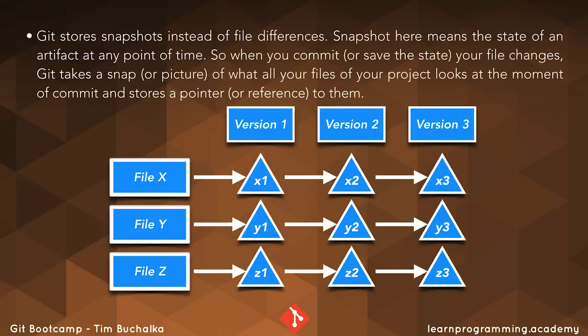Now, Git, on the other hand, stores snapshots instead of file differences. So a snapshot here means the state of an artifact at any point of time. So when you commit, which is a fancy word for saving the state of your file changes, then Git takes a snapshot, or picture, if you will, of what all the files of your project looked like at the moment of that commit and stores a pointer or a reference to them.